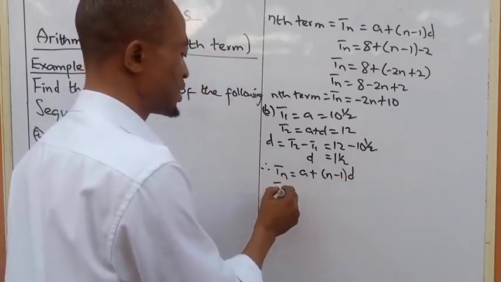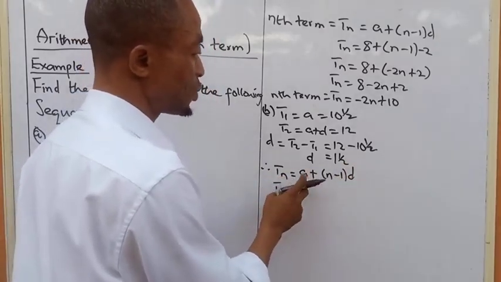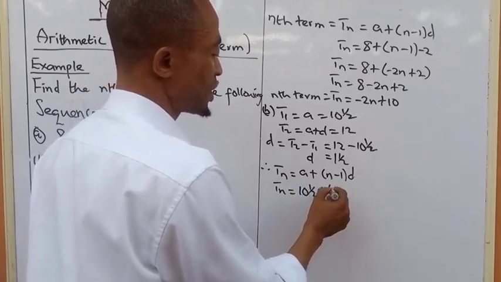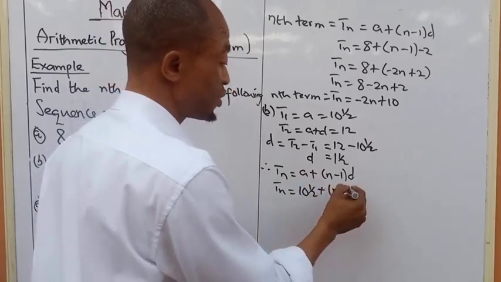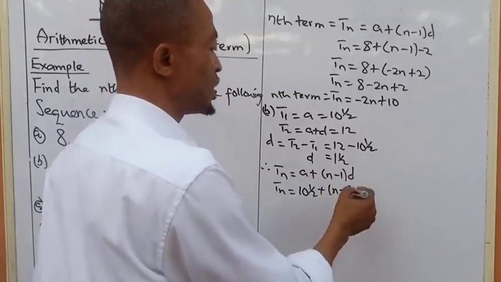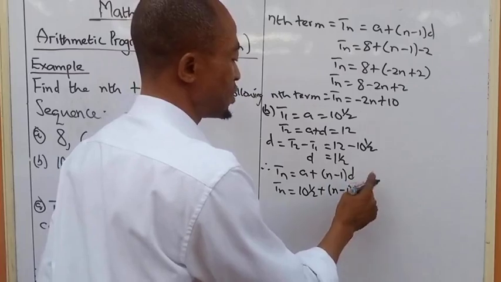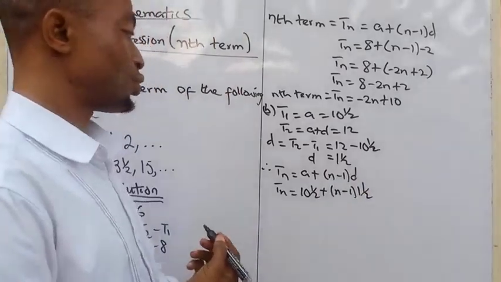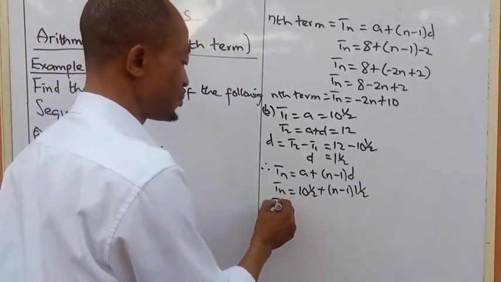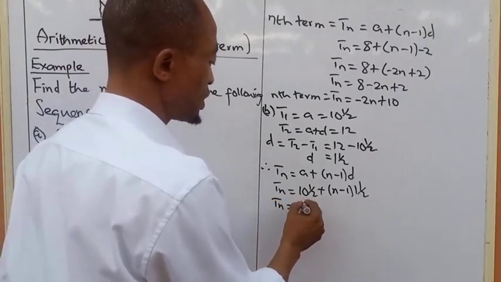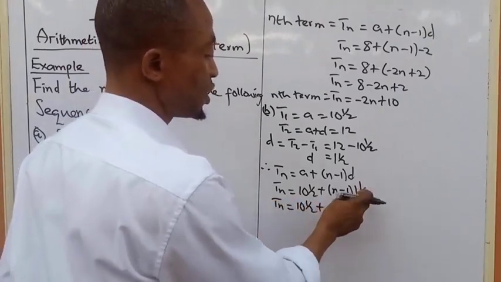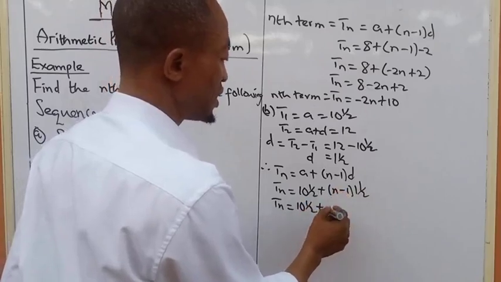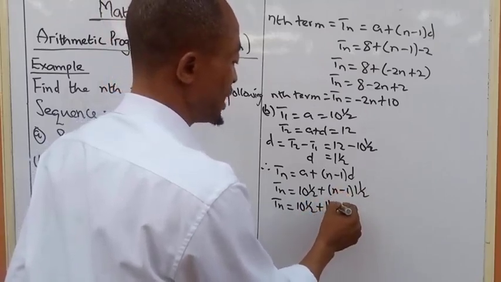So Tn equals, A is 10 and a half, plus open bracket n, we don't know n, minus 1 close bracket, then D, we know D, that is 1 and a half. So Tn now equals 10 and a half plus, let's multiply this, 1 and a half multiplied by n, that will give us 1 and a half n.